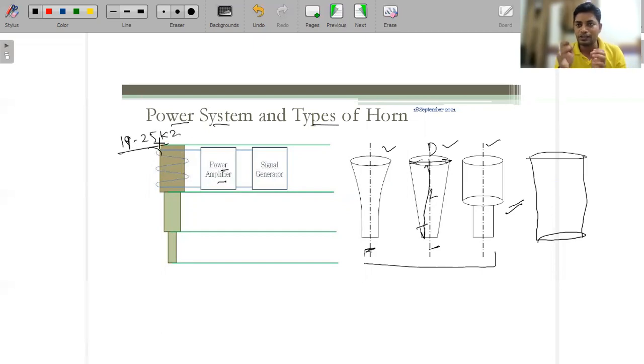If you look at the vibration generated by this, it will look like this. Initially, when there is no power supply, the vibration is very small. The vibration has only just started, and it will look like this.